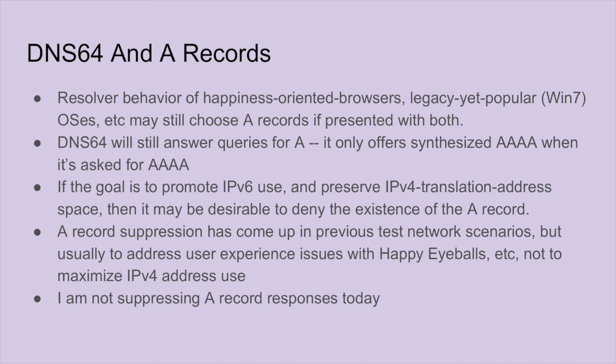If the goal is to promote v6 use, you want to drive more stuff to v6 off of that segment, off of that network, it may be desirable to deny the existence of the A record. This A record suppression has come up in a couple of slide decks and documents from the IETF on user experiences with NAT64, but they were mostly talking about experience issues with happy eyeballs and such, not maximizing IPv4 use.